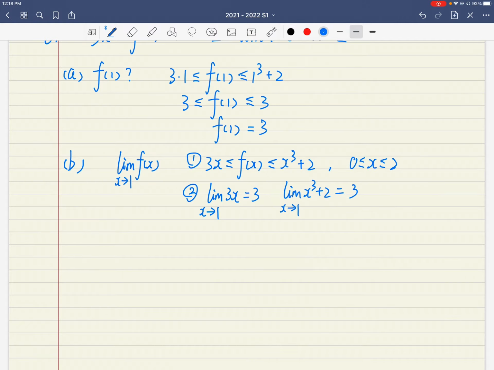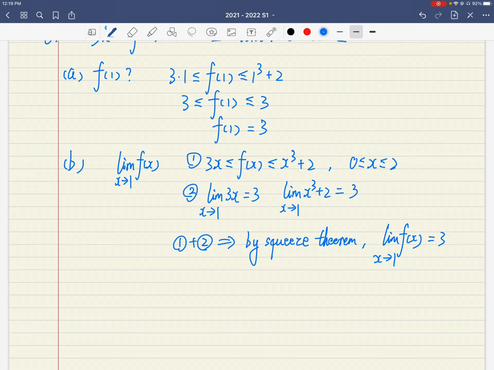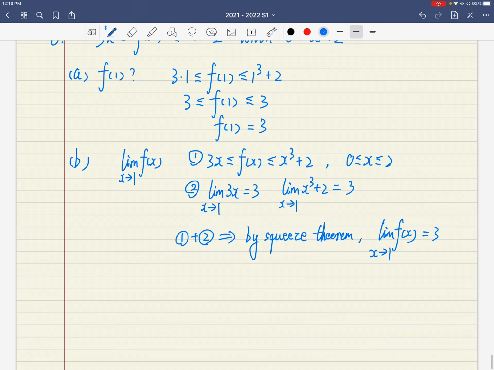Both conditions are satisfied. Then we can make the conclusion that by the squeeze theorem, the limit of the function in between is also 3.